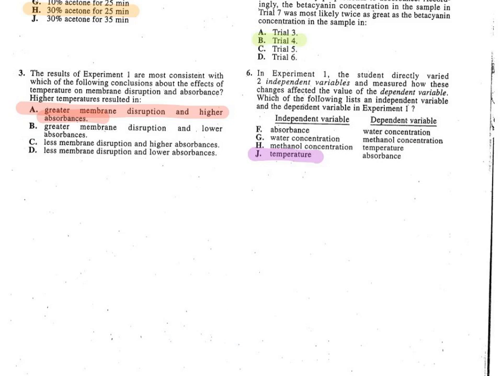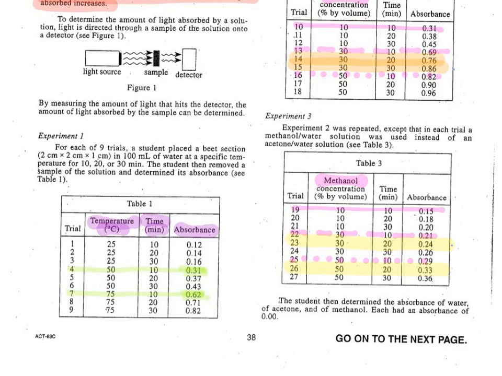Question number 6 is also about experiment 1. It's asking me to identify one of the 2 independent variables and a dependent variable from experiment 1. When I go back to the data table for experiment 1, I notice that temperature and time are both independent variables controlled by the scientist, and we can tell that based on where they are in the table. They're listed first, and by the fact that their numbers jump by a logical amount.